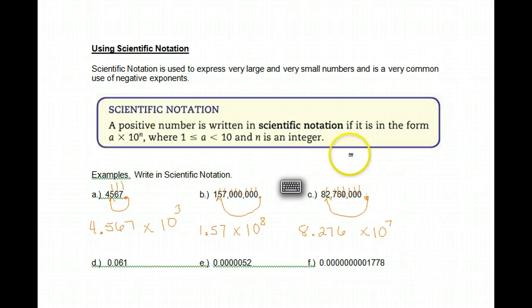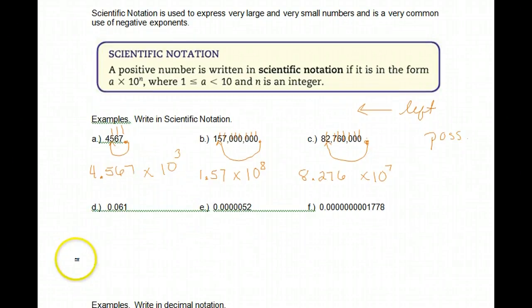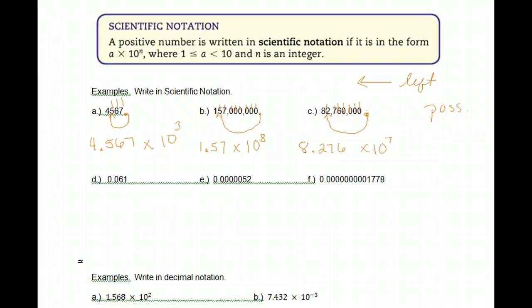Whenever you are moving your decimal point to the left, you are always going to have a positive exponent because you're dealing with very large numbers. However, whenever you are dealing with decimals, numbers that are smaller than 1, you are going to deal with negative exponents. We are now going to be dealing with very, very small numbers.